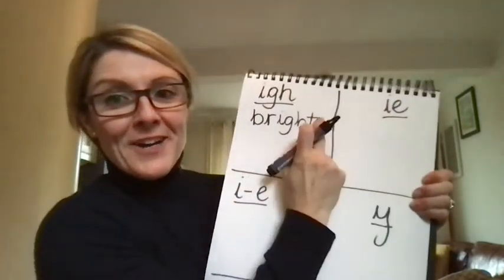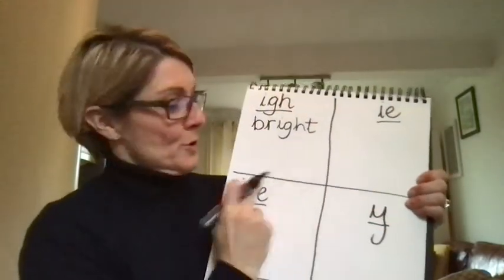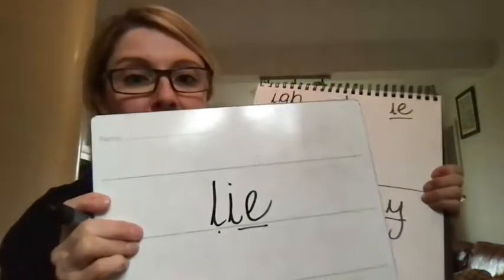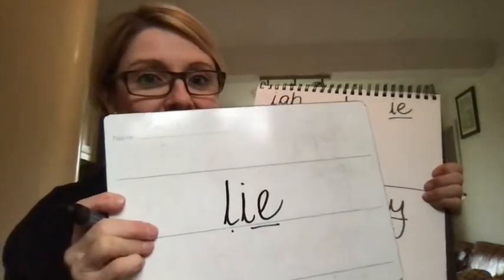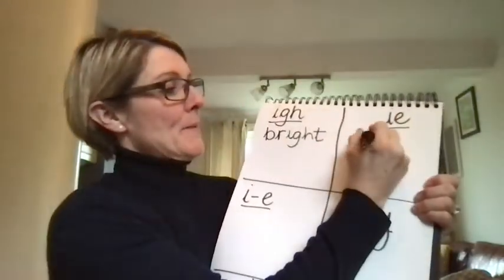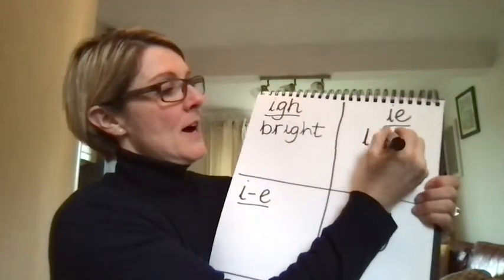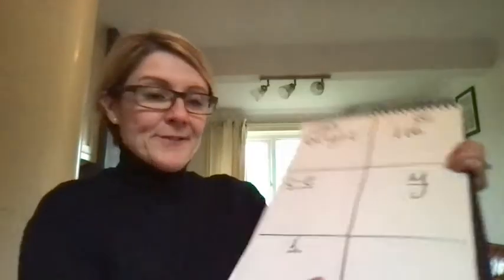So you're going to find the right spelling on your board. Okay, which spelling is it? And write it on your piece of paper. Oh, i, lie. Good. Okay, I'm going to go a bit quicker, otherwise this is going to take too long, isn't it?